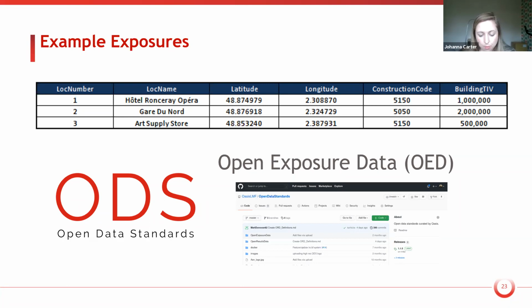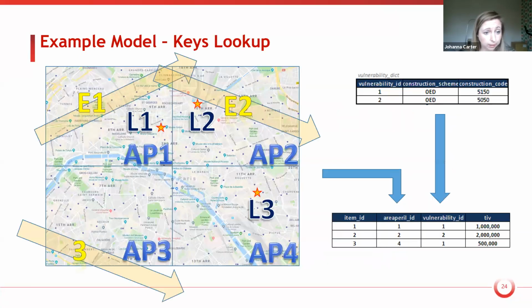So what happens when a user uploads the exposures to the platform and wants to run it against the model? Well, let's just plot those locations on our map. So the stars are where the locations are, 1, 2, and 3.